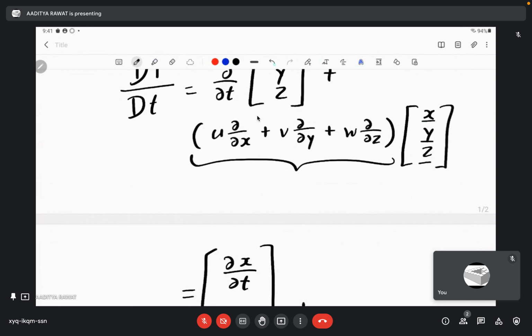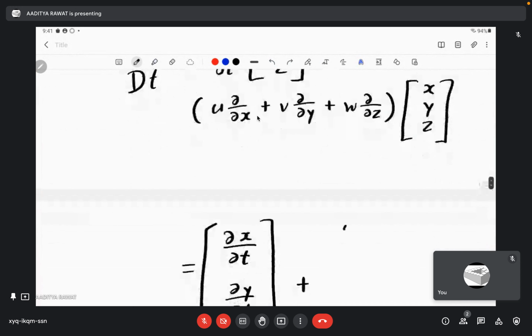So u del by del x of x would give us simply u, and v del x by del y. Del x by del y would simply be 0 because x and y are independent of each other, and similarly w del x by del z would be 0. So in the first coordinate we have only u.